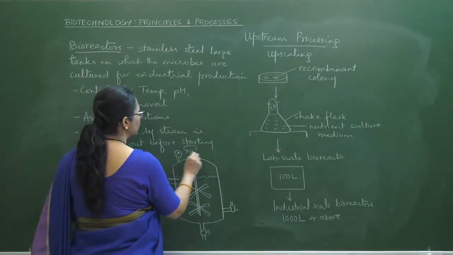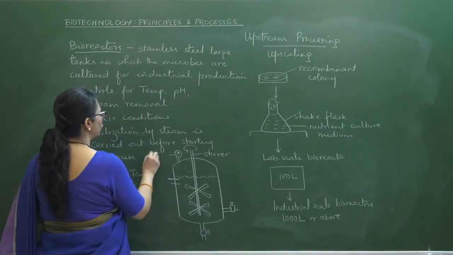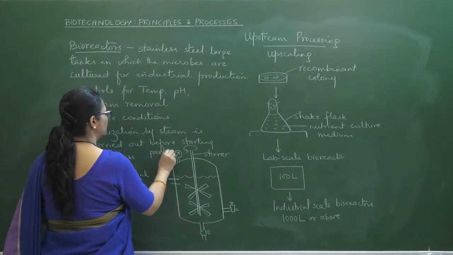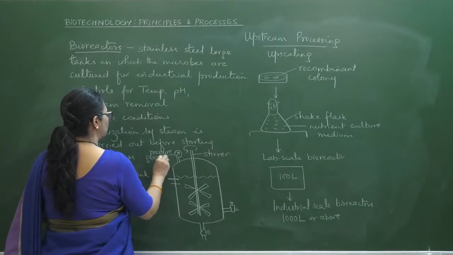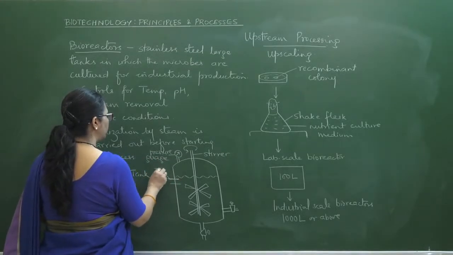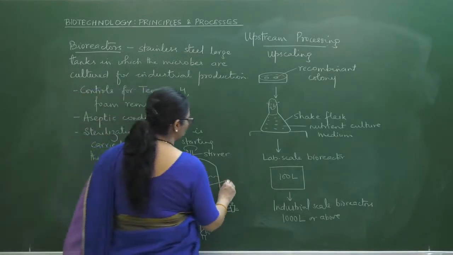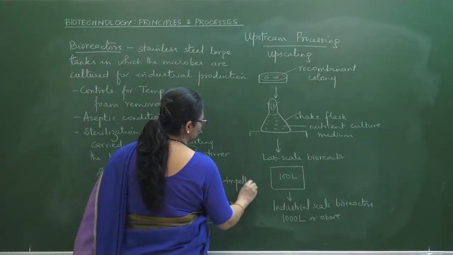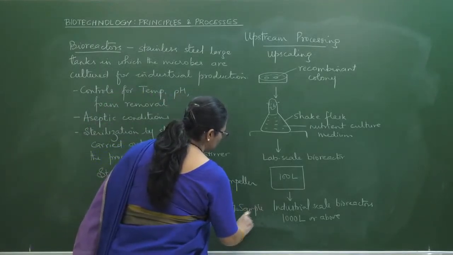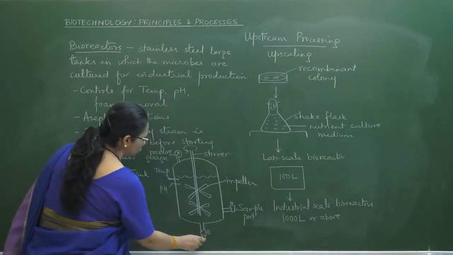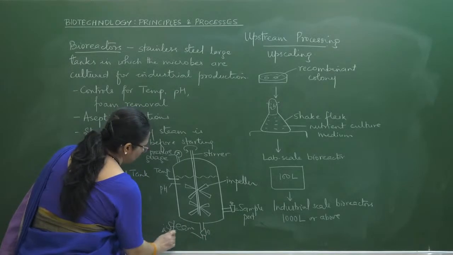So here, as I said, this is the stirrer, this is the pressure gauge, this is temperature, this is pH, this is the impeller, nutrient medium, sample port, this is the steam inlet. Right?